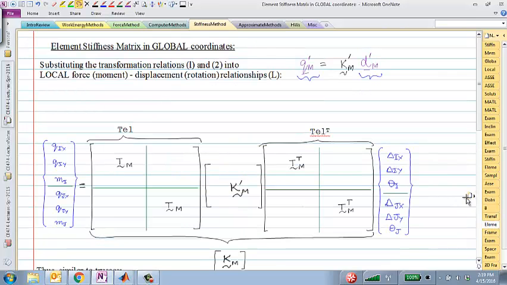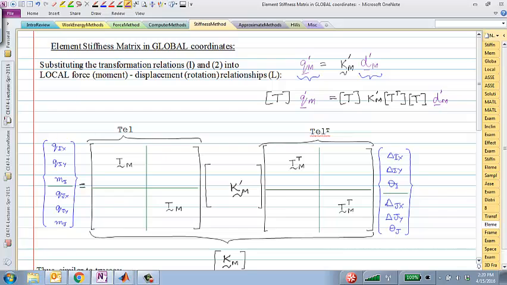After that point, you already know the story. If we have the local coordinate system, we pre-multiply with T. So T matrix times Qm prime is equal to T matrix times Km prime, and I will also do T transpose times T and times dm prime.